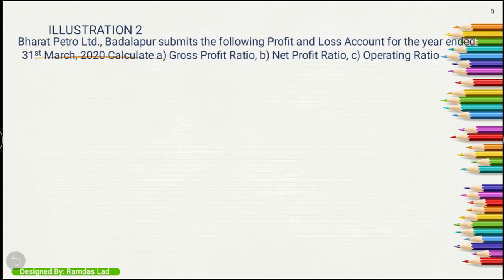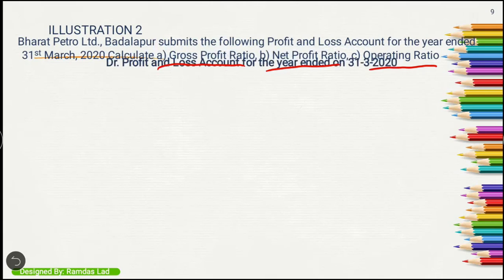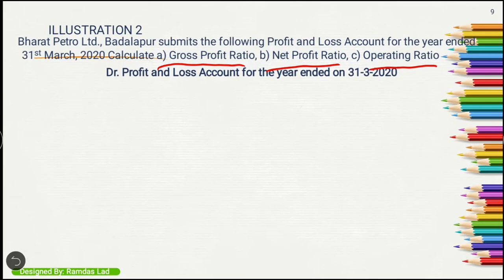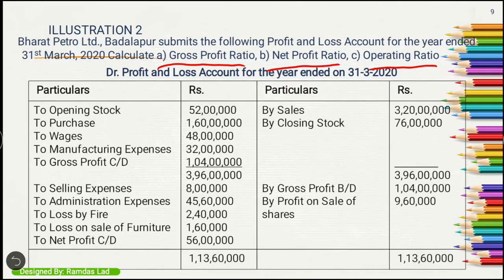And the question is, calculate gross profit ratio, net profit ratio, and operating ratio. So these are the revenue statement ratios that we have to calculate. And what is the information given? Profit and loss account for the year ended 31st March 2020 is given.